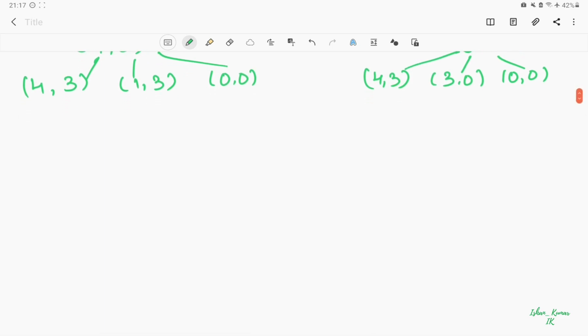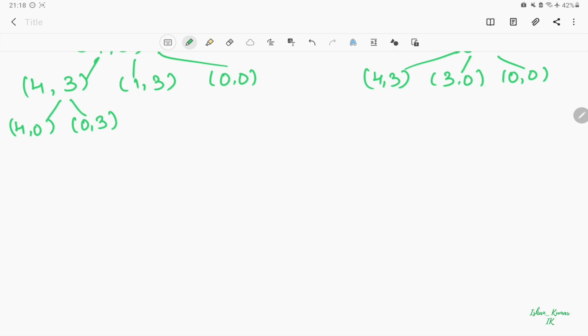Now here we are having three nodes or states on the left hand side, similarly on the right hand side. If I see 4, 3, now from 4, 3, if I apply fill, I cannot fill it furthermore because both the jugs are at their maximum capacity. If I want to pour, again I cannot do that. And if I want to empty them, yes I can. So from here either I can get 4, 0 or I can get 0, 3.